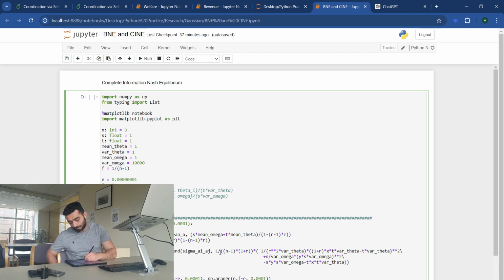Sigma ai omega: theta I and theta j are independent of omega, so it's S sigma omega squared over 1 minus n minus 1 r. Therefore y will be 1 over 1 minus n minus 1 r.